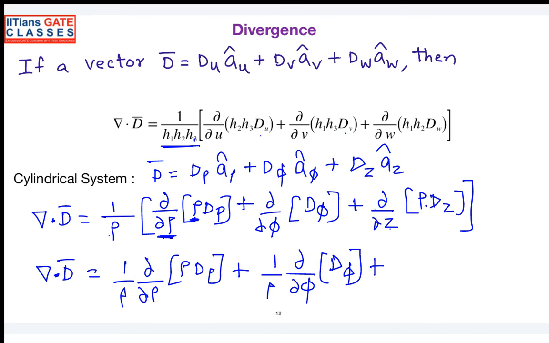So same thing, you try to do it in spherical also quickly. In case of spherical, you consider the vector like this, dr ar cap plus d theta a theta cap plus d phi a phi cap.